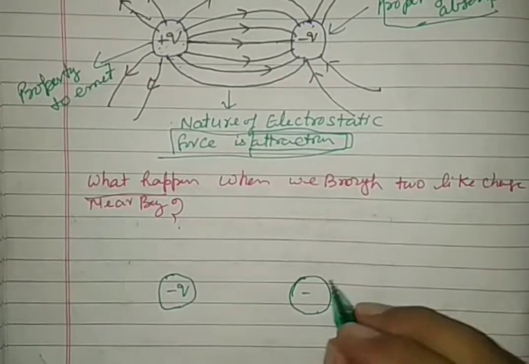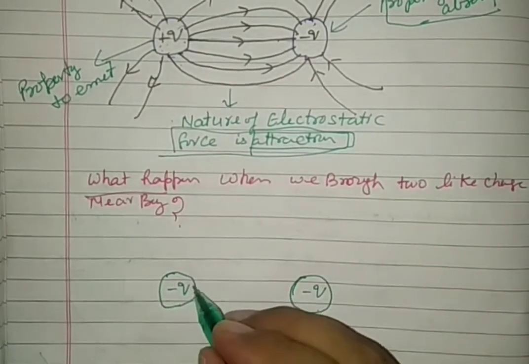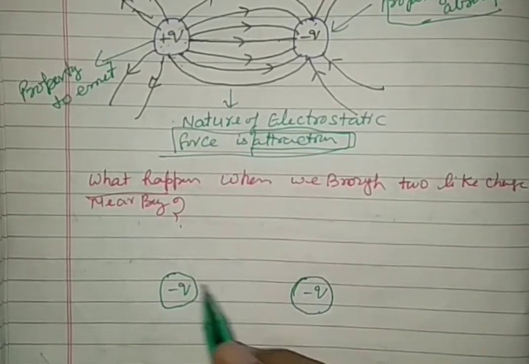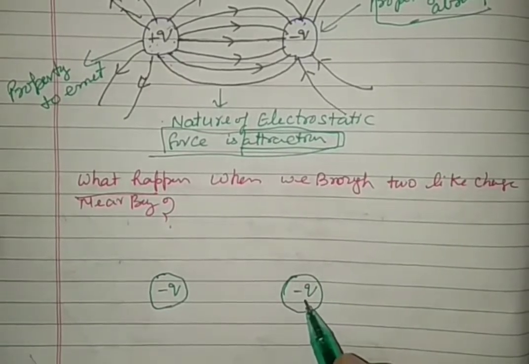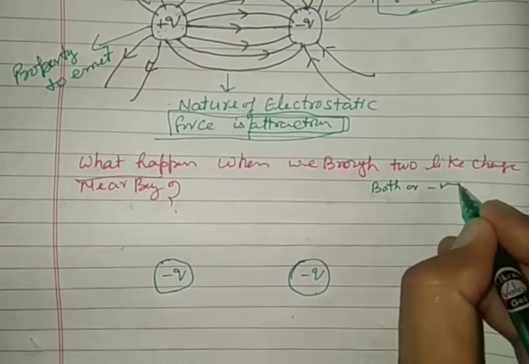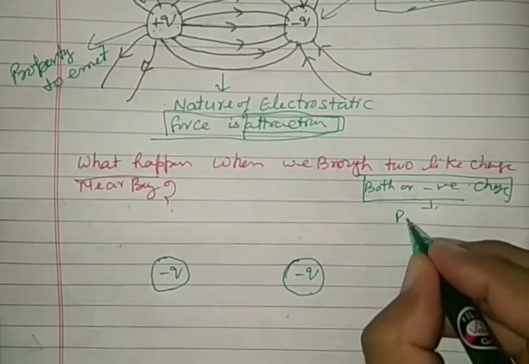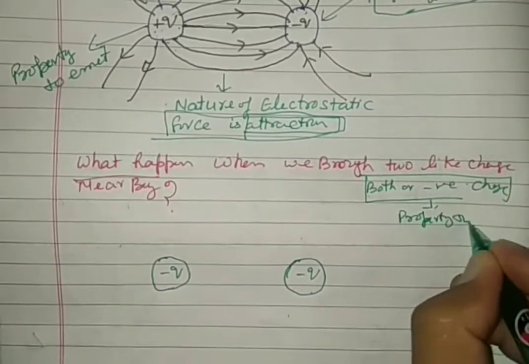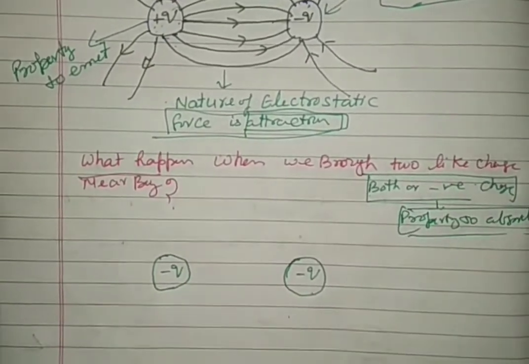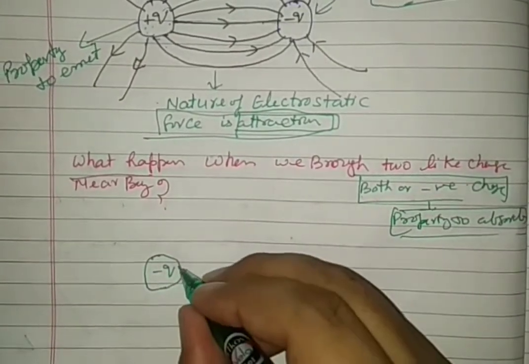Two negative charges were brought. So both have the property to absorb electric lines of force, both have negative charge. Both seem to sink, the property to absorb. So the lines of force repel each other.